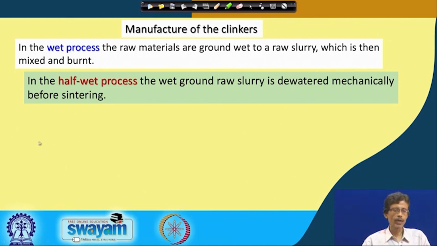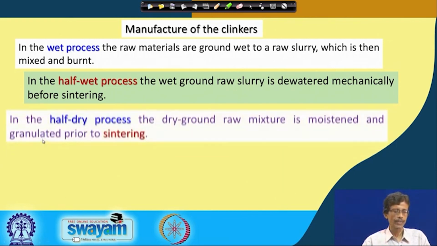So it's a mechanical dewatering process before it goes for sintering. Then half dry, not full dry. In the half dry process, the dry ground raw mixture is moistened and granulated prior to sintering. So before sintering, you can have different processes.